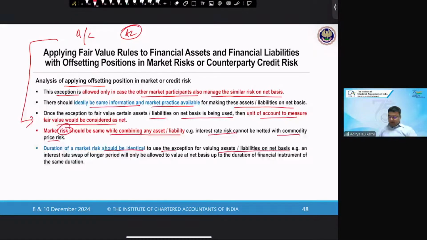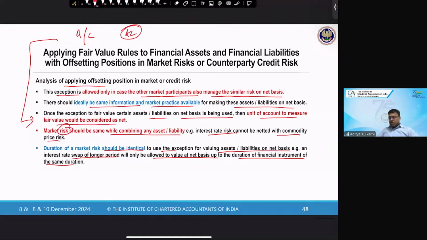For example, interest rate swap of longer period will only be allowed to value at net basis up to the duration of the financial instrument of the same duration. So again, duration also should be the same. You cannot do a net settlement of a receivable expected to come in 2 months against a payable expected to be paid after 3 months. You cannot do a net settlement of that. It has to be related to the same duration.